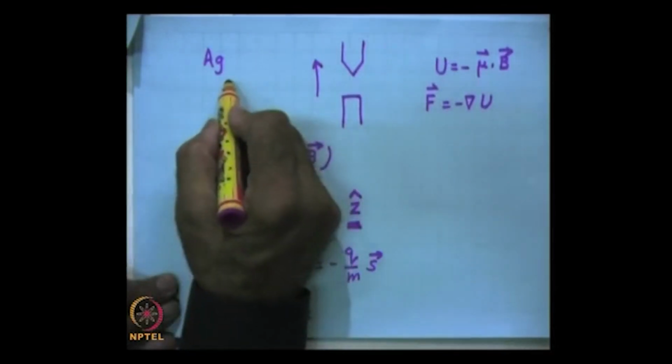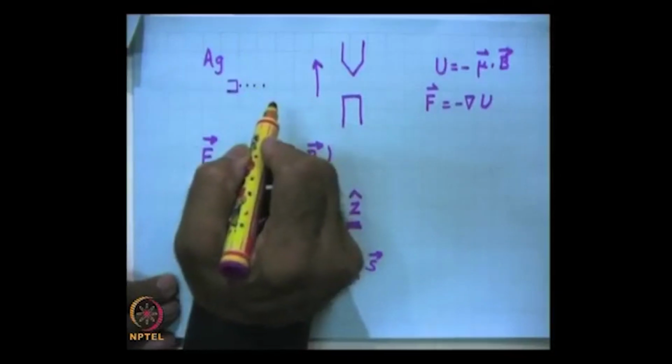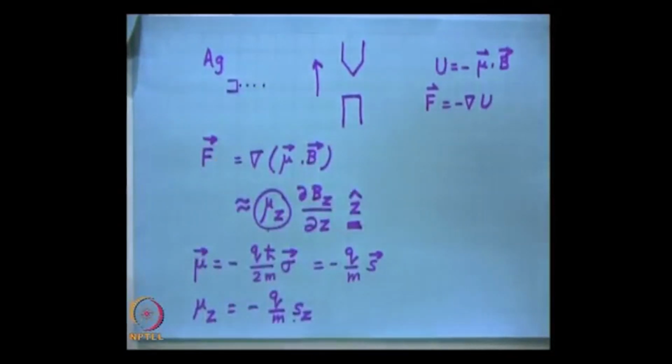Now, as the silver atoms are coming out from the oven, classically speaking, we can assume that the magnets are oriented at random. So, let us suppose this is a tiny magnet, this is the north pole and the south pole, and as it comes out of the oven, they are oriented at random.